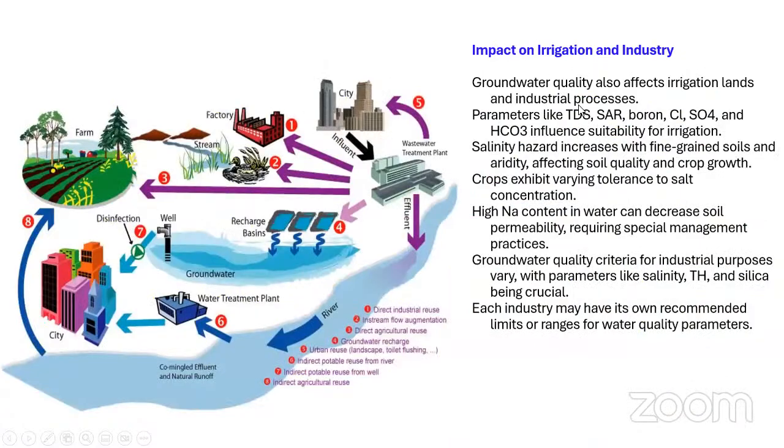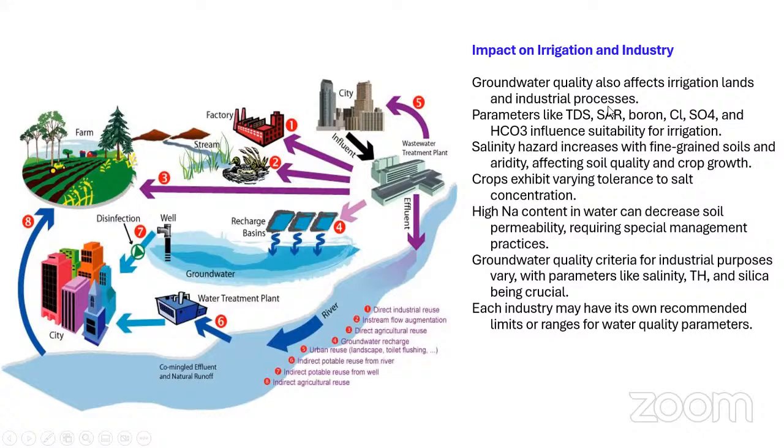So it may decide whether the groundwater quality is suitable for agriculture. And boron, chloride, sulfate, and bicarbonate influence the suitability for irrigation. So these values may decide whether this groundwater is suitable for irrigation or not.